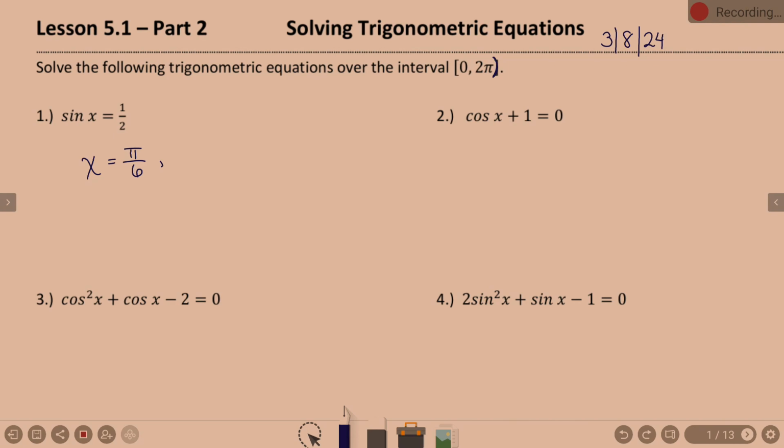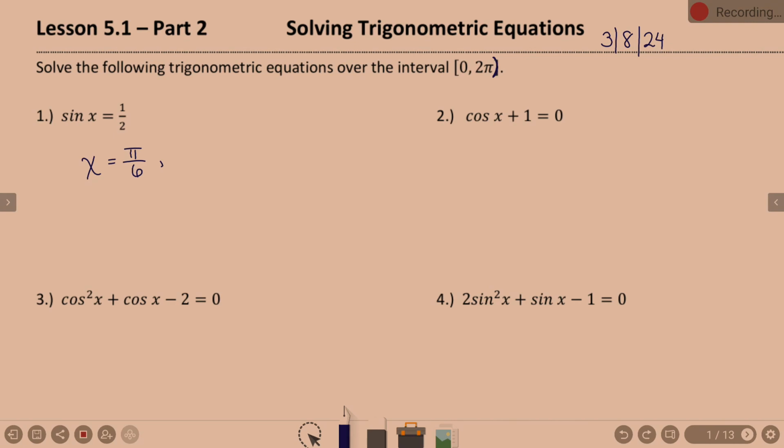There's more than one answer on a lot of these problems. It's going to be on the unusual side to only have one answer. That answer is in quadrant 1. We need any possible answers as you make one complete loop around the unit circle.